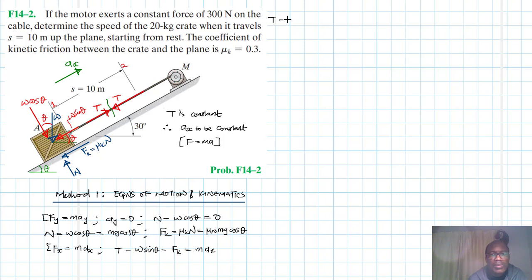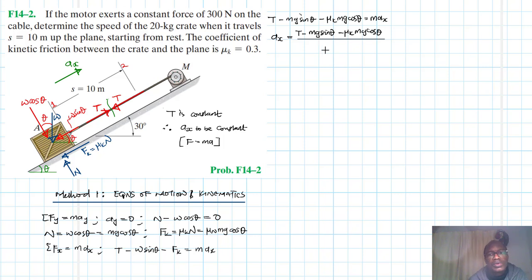Writing this, T minus mg sin theta minus mu k mg cos theta equals m a. And then a is equal to T minus mg sin theta minus mu k mg cos theta, divided by m.